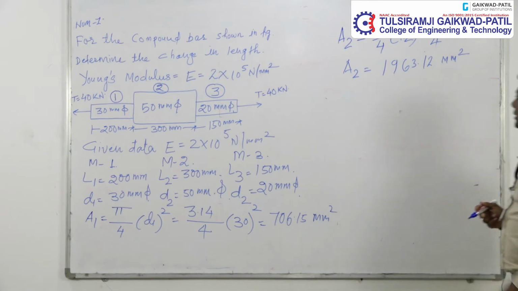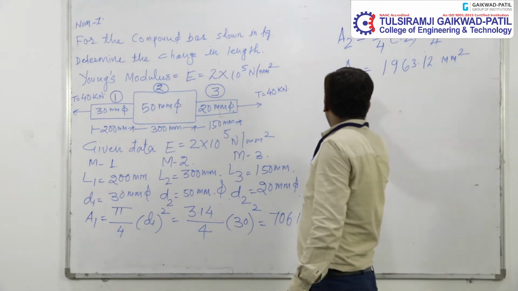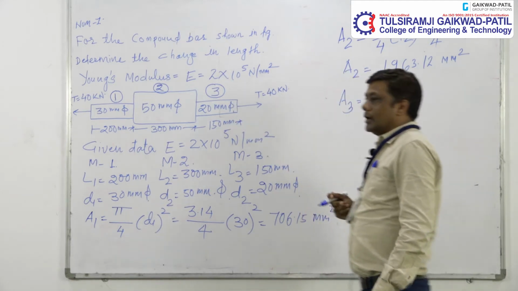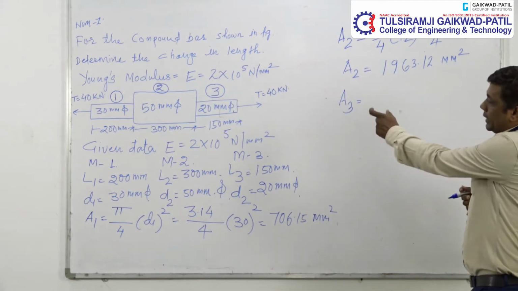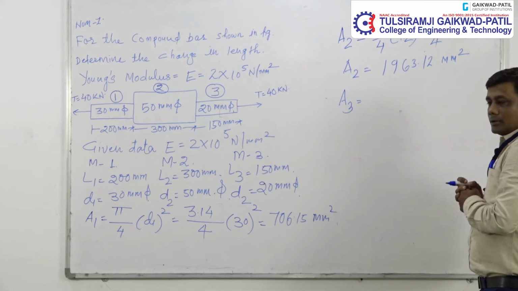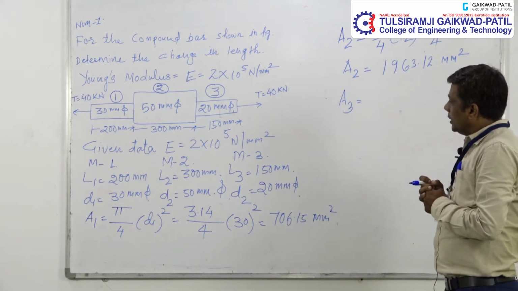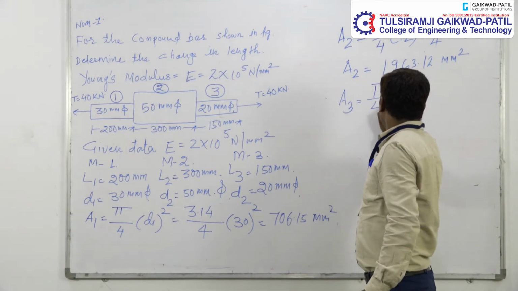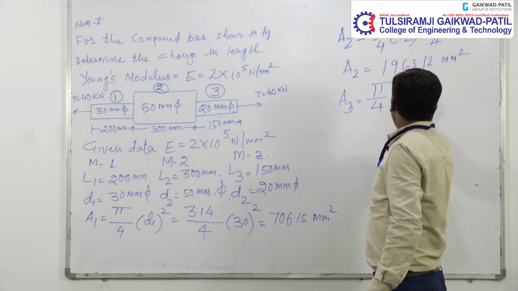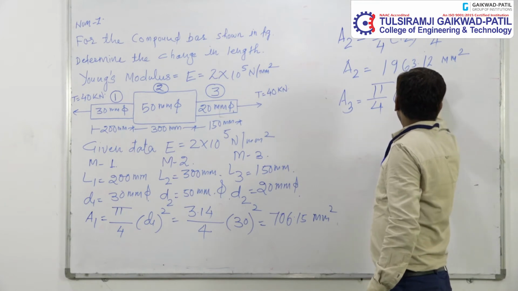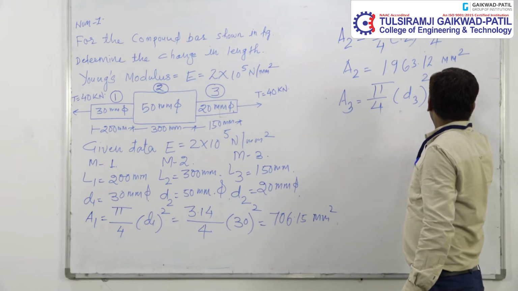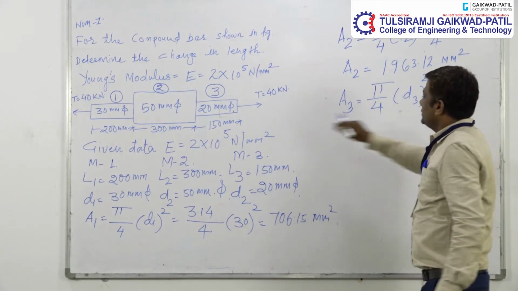So this way we can calculate the area for material number 3. For material number 3, the diameter is given as 20 mm. So again you use the same formula, only changing the diameter. So pi by 4 into d3's whole square. If you put in your values here, pi by 4, what is the value of d3?